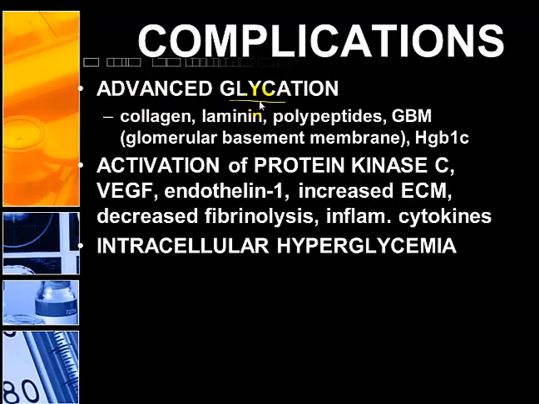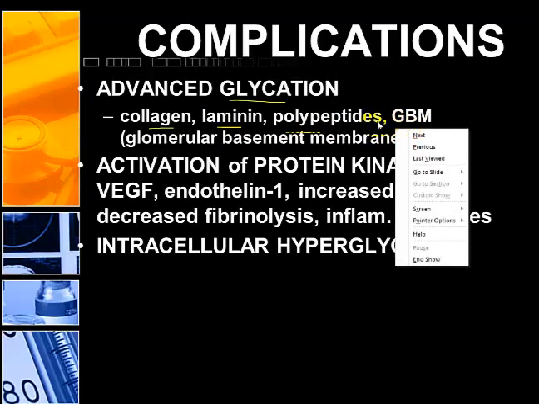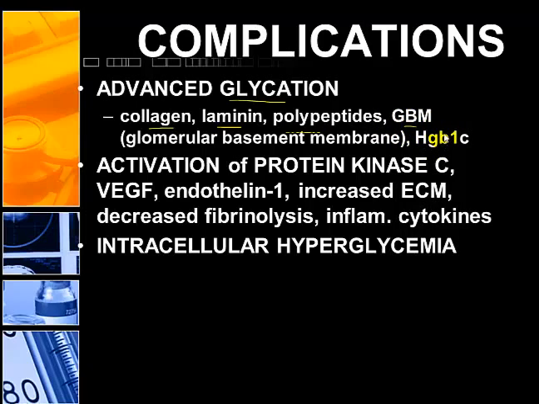Now, if you have increased glucose, it is going to glycate everything. It is going to glycate collagen, laminin, polypeptides, the basement membrane, it is even going to glycate the hemoglobin in the RBCs.